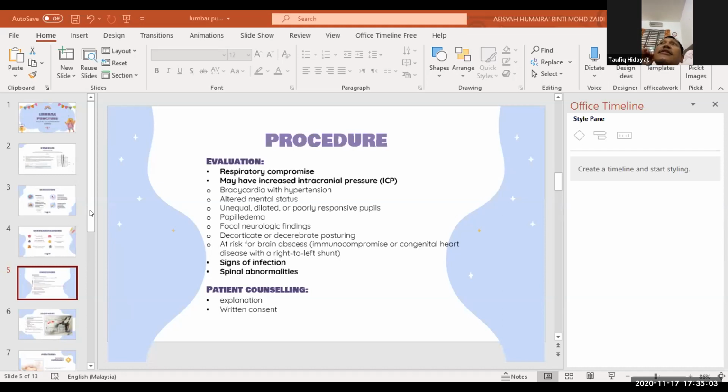If there is very high ICP, there will be signs such as herniation, brain edema, and so on.